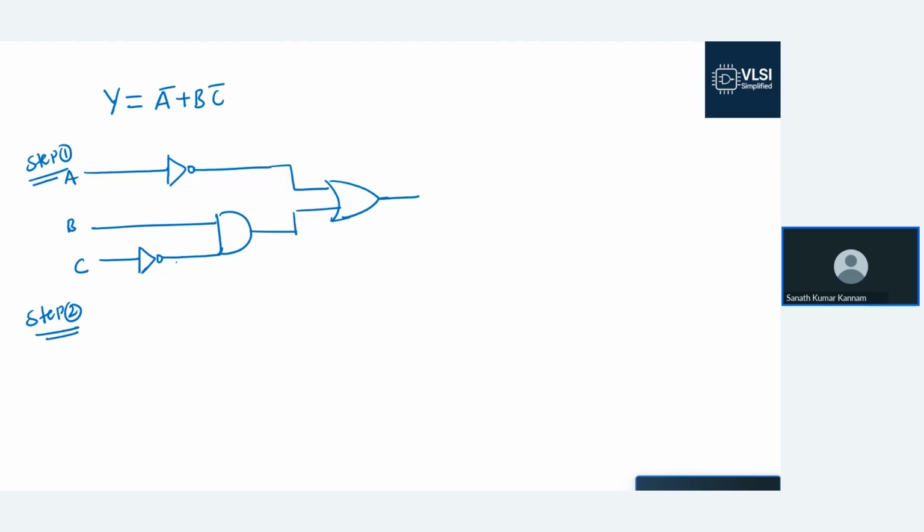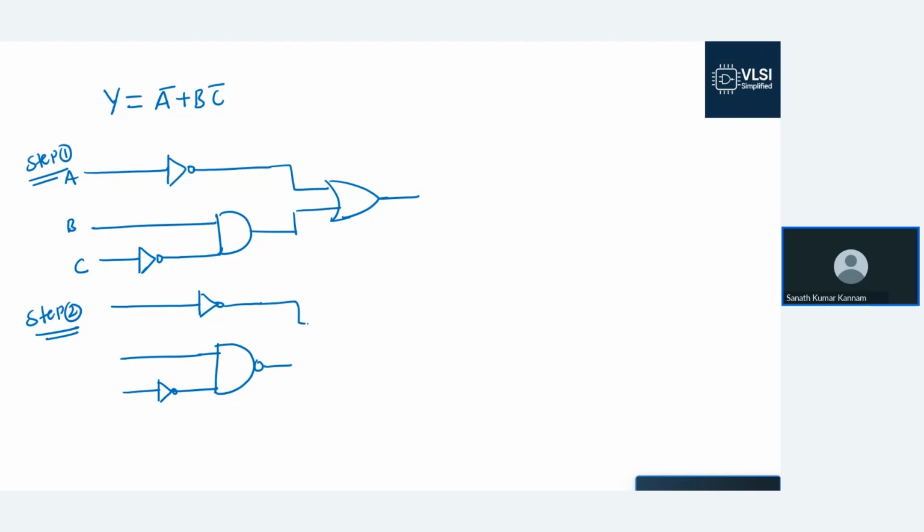What is step 2? You need to apply the bubble at the input of the AND gate, and you need to add the bubble at the output of the OR gate. So here this is an inverter. This is a NAND gate.